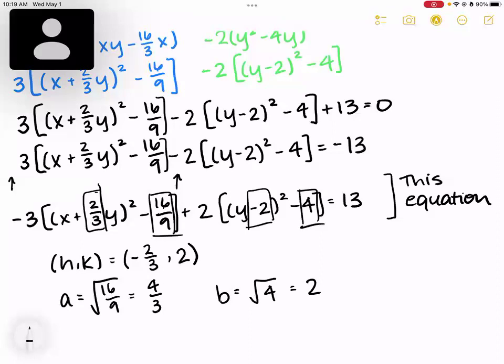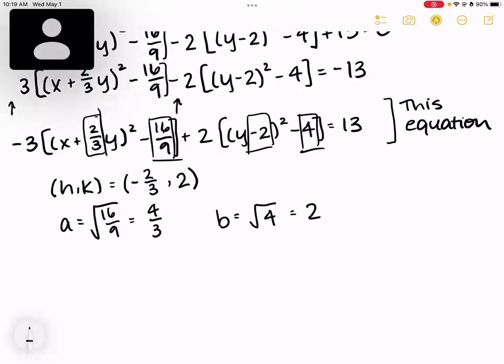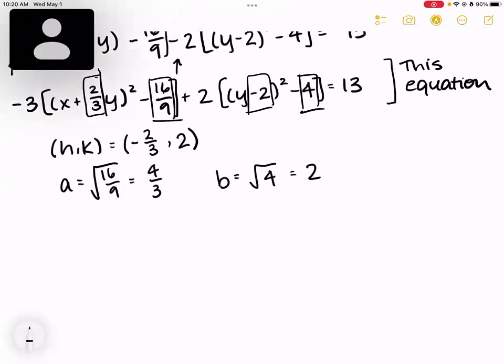So we can now plug these values into the standard form. It's going to get a little messy.